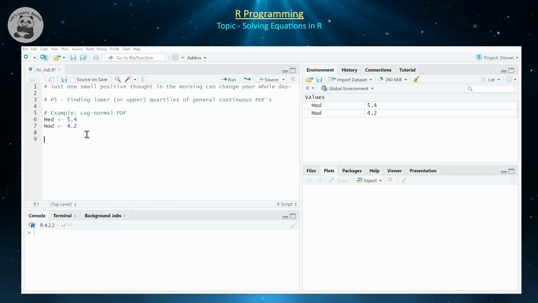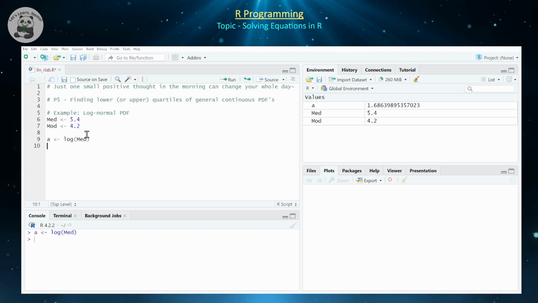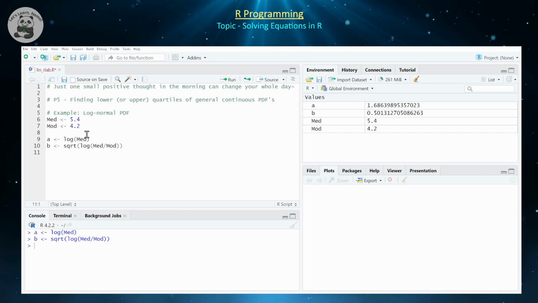Right. So for the parameters of the log normal, which I sometimes abbreviate by A and B, some people will use mu and sigma, but I don't think that's a good notation. A is going to be equal to the natural log of the median. log by default is the natural log. And B is going to be equal to the square root of the natural log of the median divided by the mode. Right? And keep in mind, for the log normal distribution, median is always bigger than the mode.